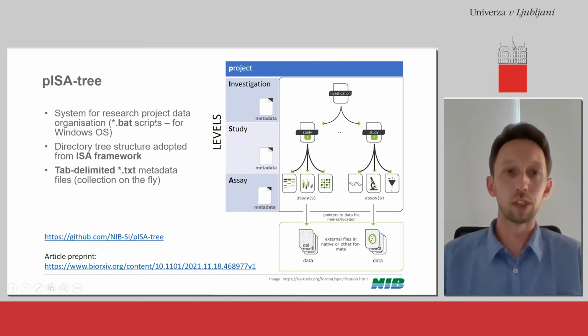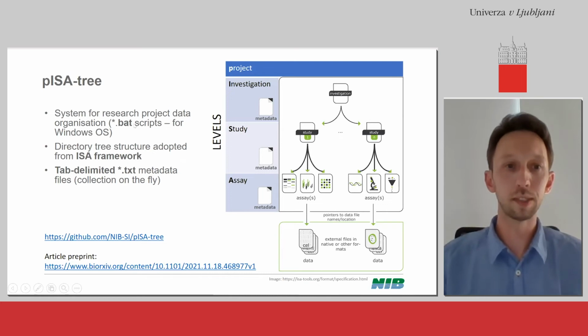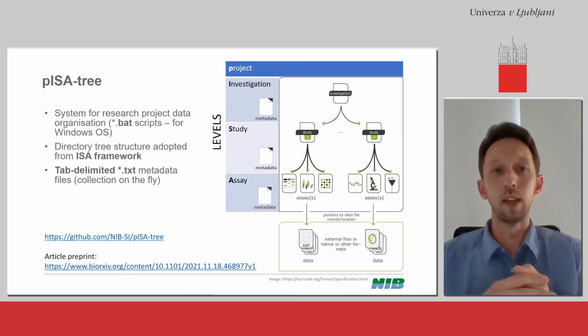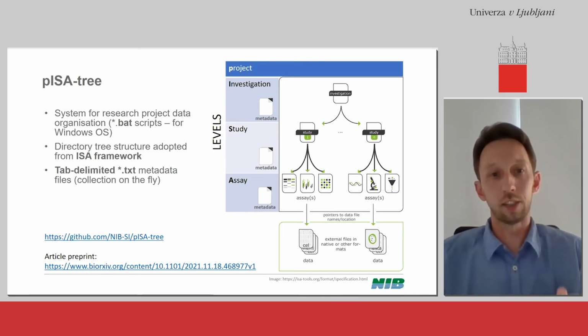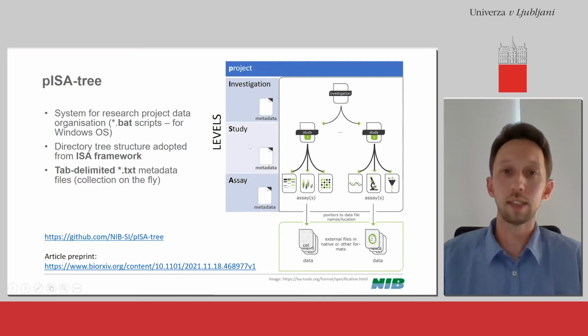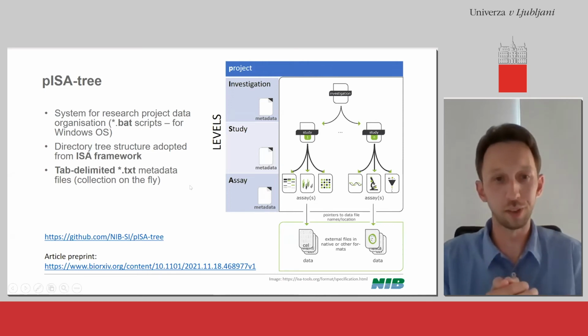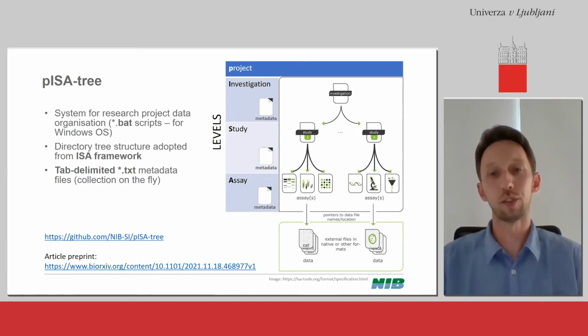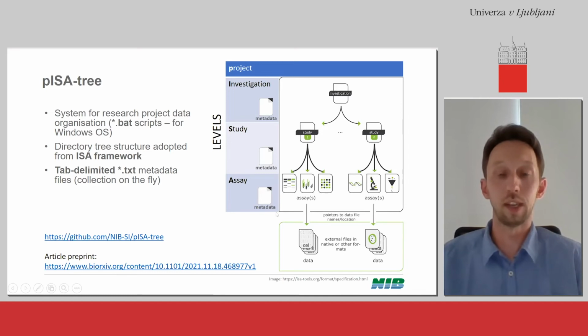We developed batch scripts that work in the Windows operating system, and these scripts generate a directory tree structure based on the ISA framework. The ISA means these levels: investigation, study, assay. But we also added a project level since we are all working on projects basically. And these 4 levels are enough for us to store all the data and metadata, so it covers our needs.